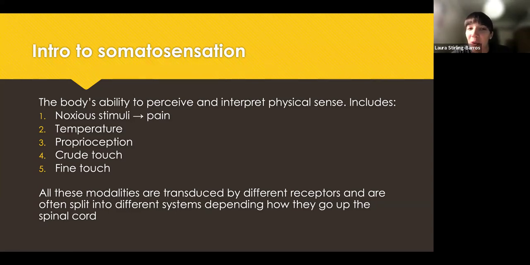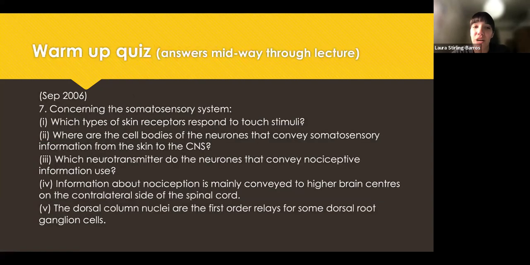We'll cover which ones go up in different ways, but overall, just think about it from receptor to spinal cord and then brain. And sadly it is just like a memory game. You just have to know this system is for this type of receptor. But hopefully by the end of this talk we'll all be more confident on answering these questions.